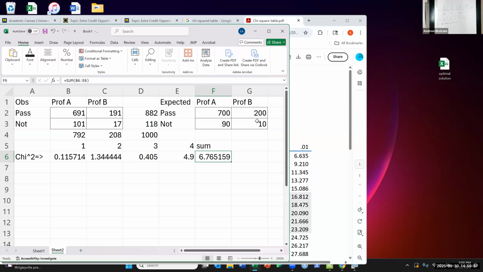Anytime you have small values in some of these cells, like we have the 10 right here, versus say the 20 that we had over here originally, because of issues like we just saw, we may actually need to use the Fisher's exact test, which we'll talk about next time.